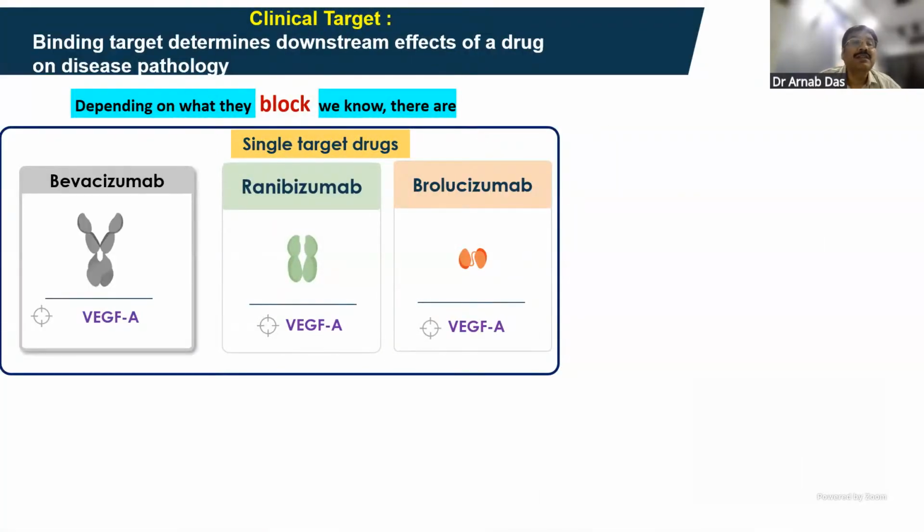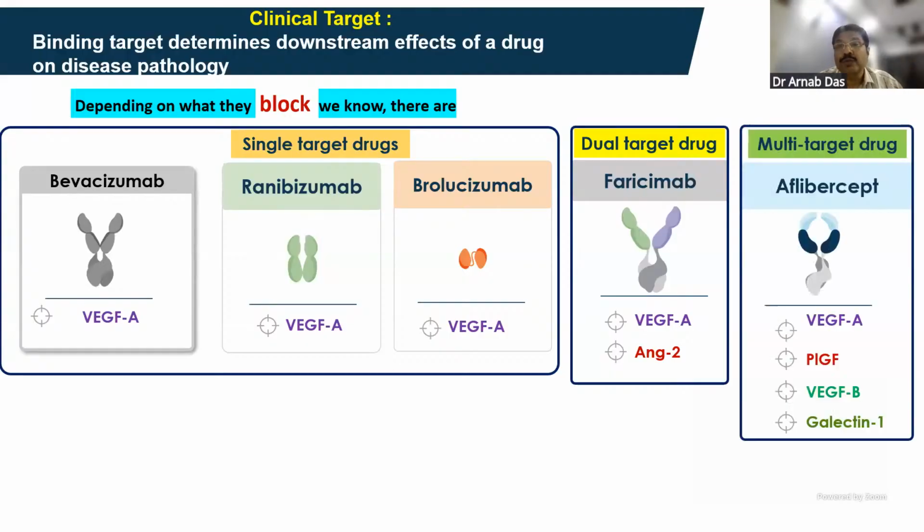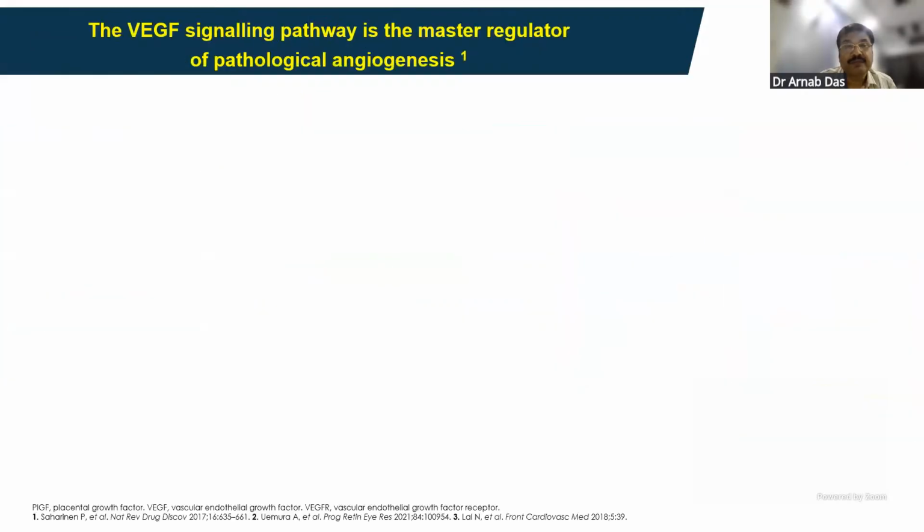Depending on what these molecules block, there are single target drugs like bevacizumab, ranibizumab, and brolucizumab, all of which target only VEGF-A. You have dual target drugs like faricimab, which targets VEGF-A and angiopoietin-2, and multi-target drugs like aflibercept, which blocks not only VEGF-A but placental growth factor, VEGF-B and galectin-1.